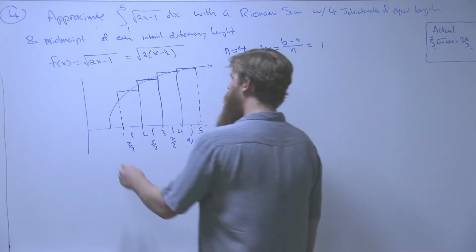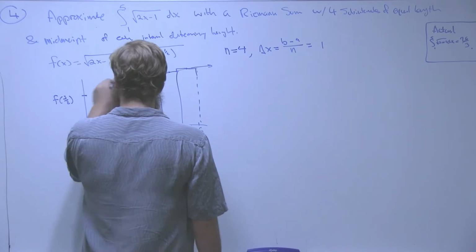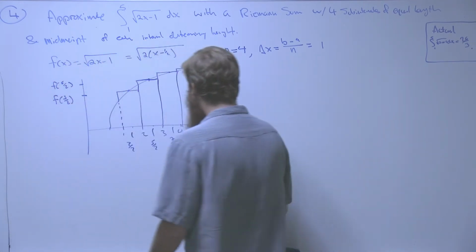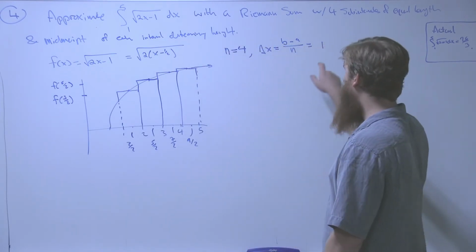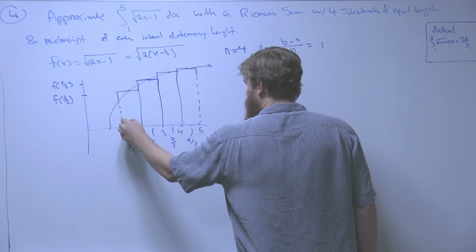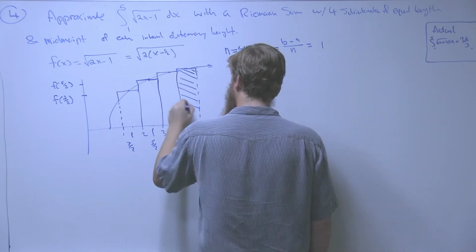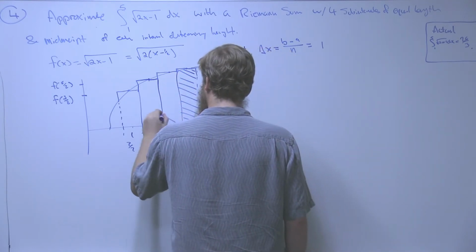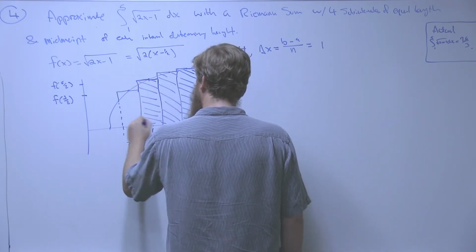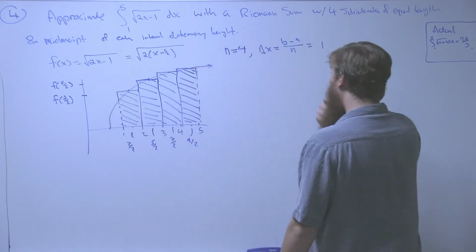Okay, so the height of my first rectangle is f of 3/2. The height of my second rectangle is f of 5/2, and so on. The width of each subinterval is 1, and so the area in these rectangles, not necessarily the area under the graph, but an approximation to that area, is given by multiplying each of the heights by their width and then adding up.